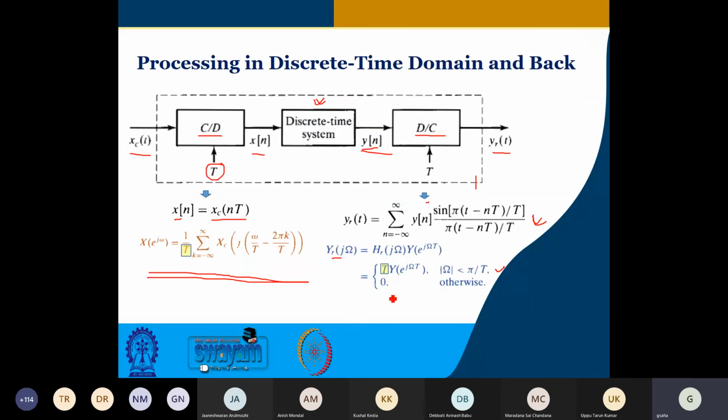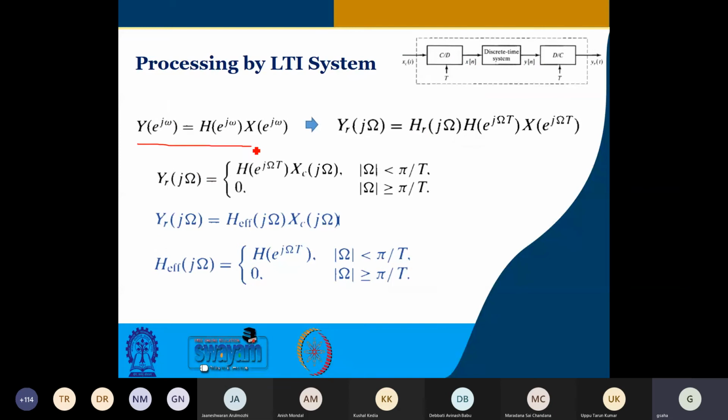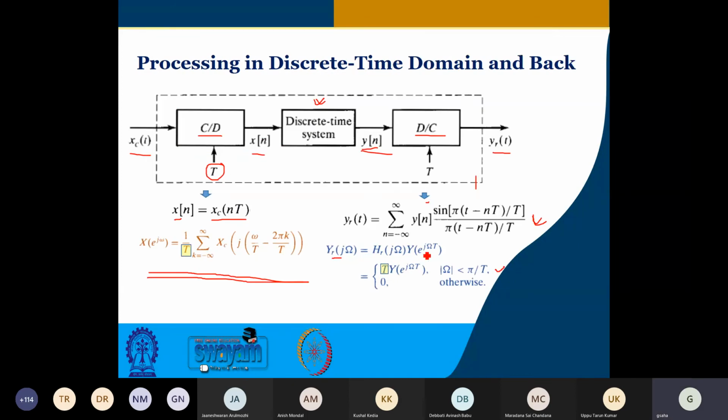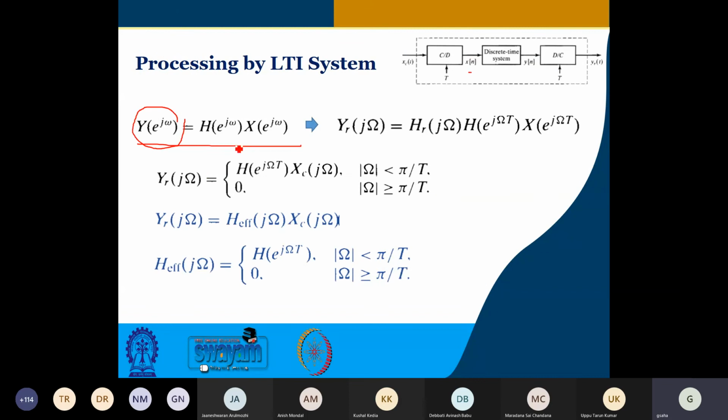Now we would be connecting this xn and yn, right? And this is connected in this manner. This is the block. So Y(e^{jω}) is H(e^{jω}) X(e^{jω}). So this Y(e^{jΩT}), which was there over here, will be replaced by H(e^{jΩT}) and X(e^{jΩT}), and Hr(jΩ) is already there.